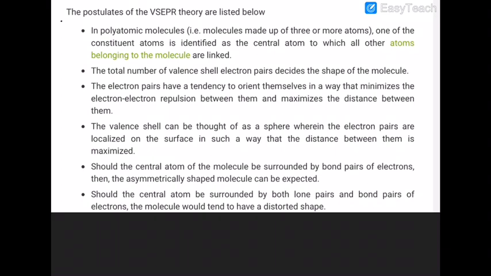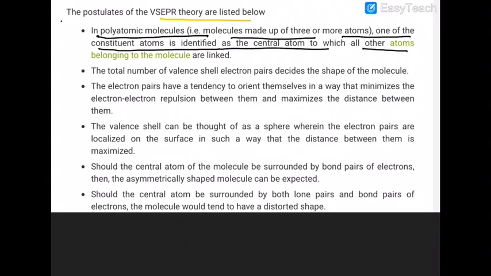Now, what are the postulates of the VSEPR theory? In polyatomic molecules, molecules made up of three or more atoms, one of the constituent atoms is identified as the central atom, to which all other atoms of the molecule are linked.